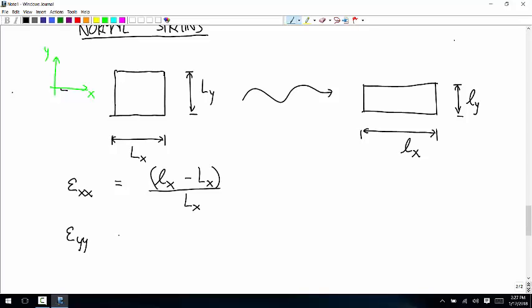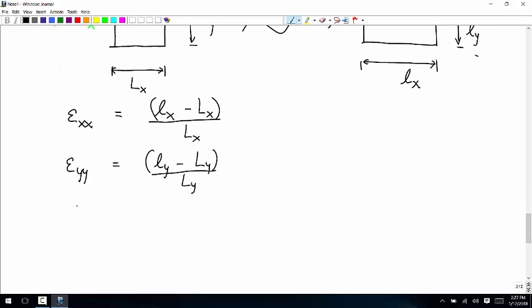Epsilon yy is equal to the deformed length ly minus the initial length ly, divided by the initial. And epsilon zz is the deformed length lz minus the initial length lz divided by initial.